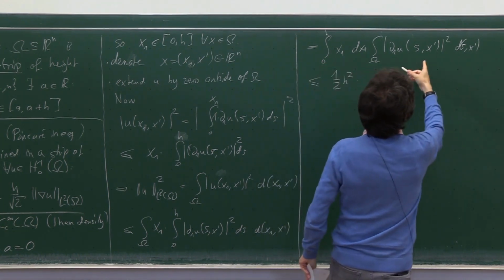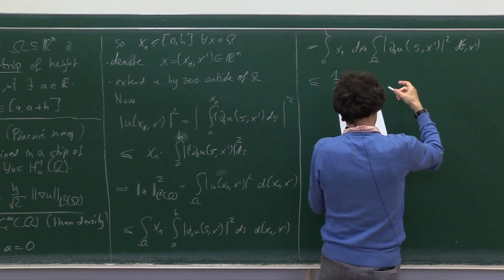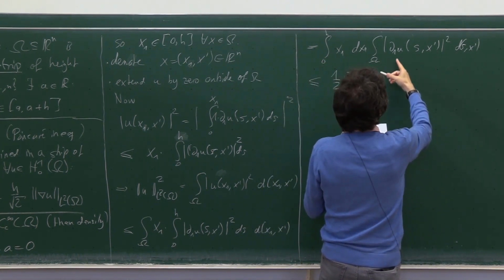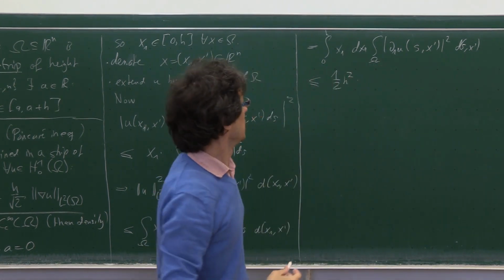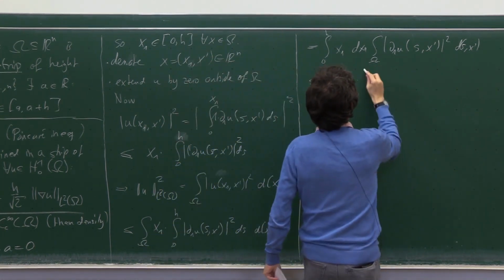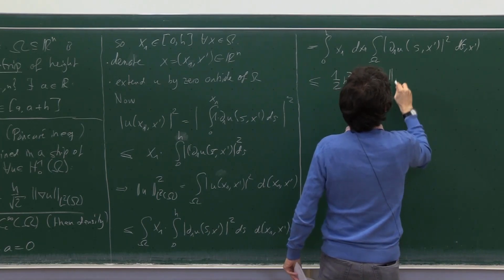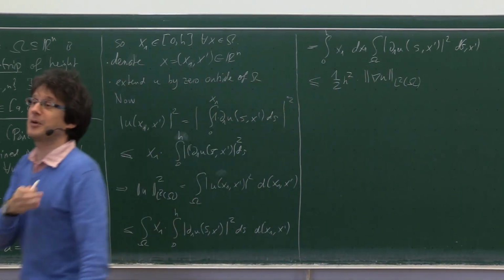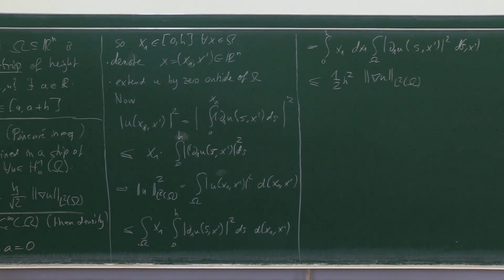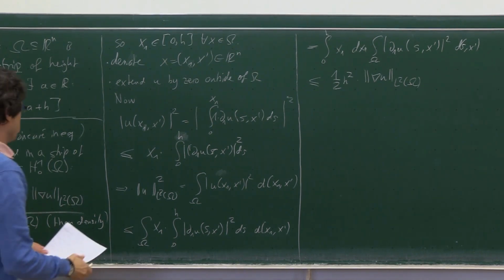And this, the square root, is the L2 norm of the first partial derivative of u. But this can be estimated by the L2 norm of the gradient. Well, this is a rough estimate, but it works. Take all the other partial derivatives and add them up, and now you have what you want.